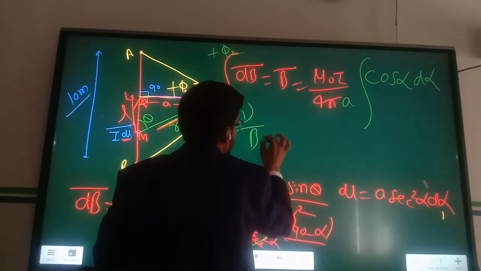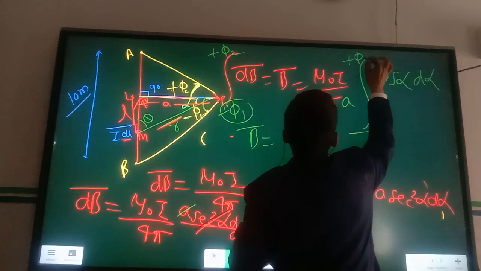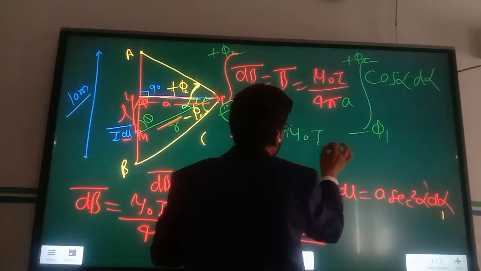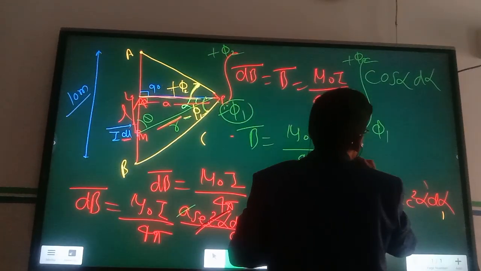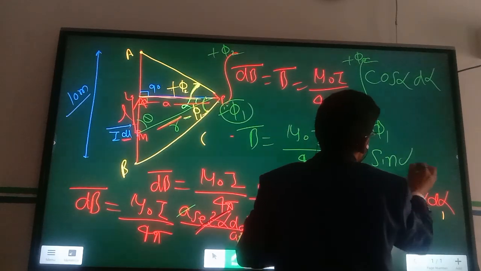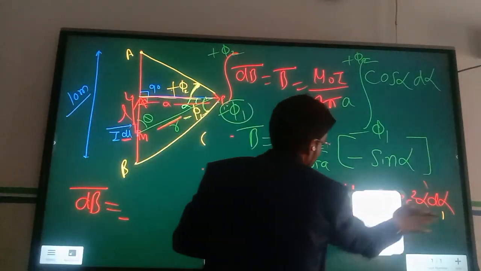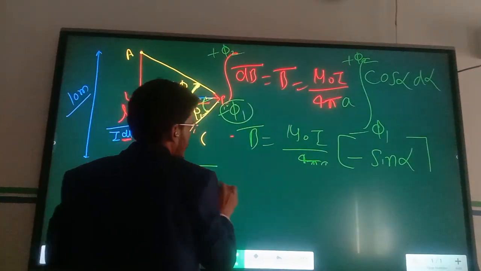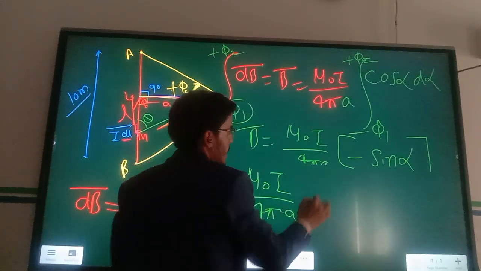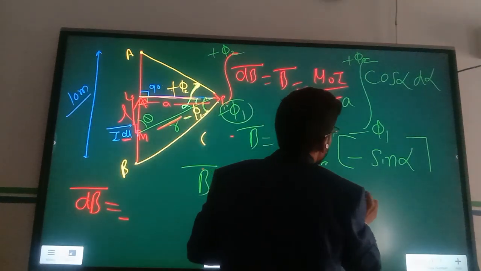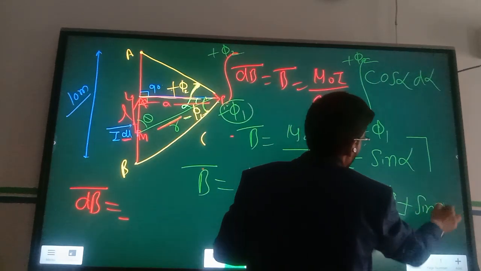So the magnetic field B equals mu naught I upon 4 pi a, integral from minus phi to plus phi, and the integral of cos alpha is sin alpha. So magnetic field B equals mu naught I upon 4 pi a, times sin phi 2 plus sin phi 1.